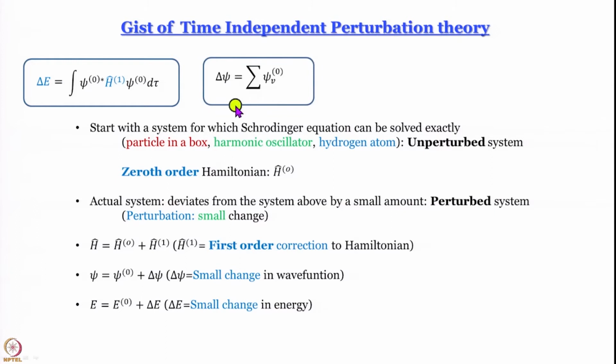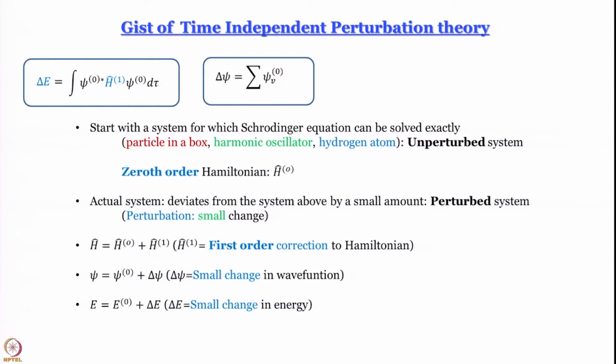For most of the cases you can write delta psi as a sum over psi 0. We are talking about the vibrational wave functions today, that is why I have written v. The thing is this, small perturbation, right. So, whatever wave function you generate is different from the original wave function by a very small amount. And remember, these 0th order wave functions constitute a complete orthonormal set. That means, if it was 3 dimensional space x, y, z, complete set, you do not need anything else.